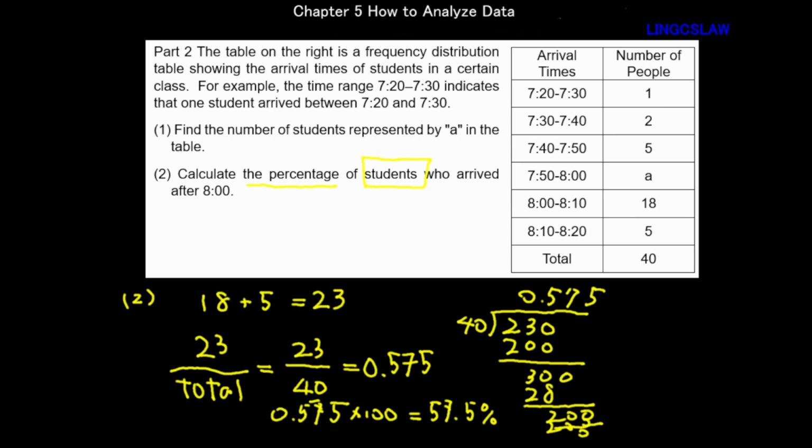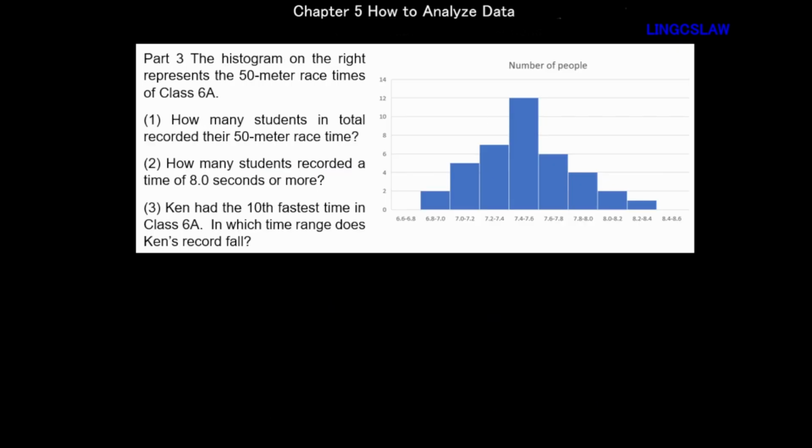Let's go on to part 3. Feel free to stop the video and do this problem by yourself. Now let's get started. Part 3. The histogram on the right represents the 50-meter race times of class 6A.